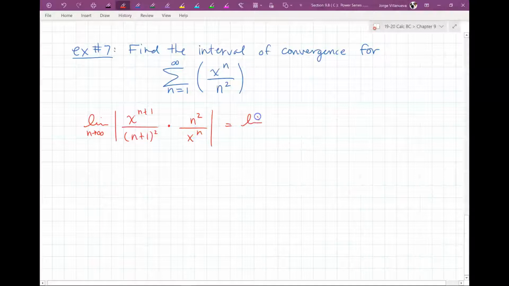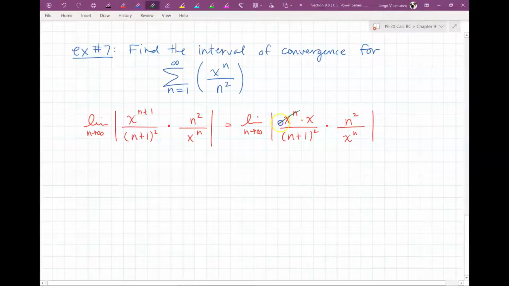Again, just to make sure that I'm not losing anybody, I'm probably going to stop doing this from now on, but I'll do it one more time here. x to the n times x over n plus 1, squared, times n squared over x to the n.